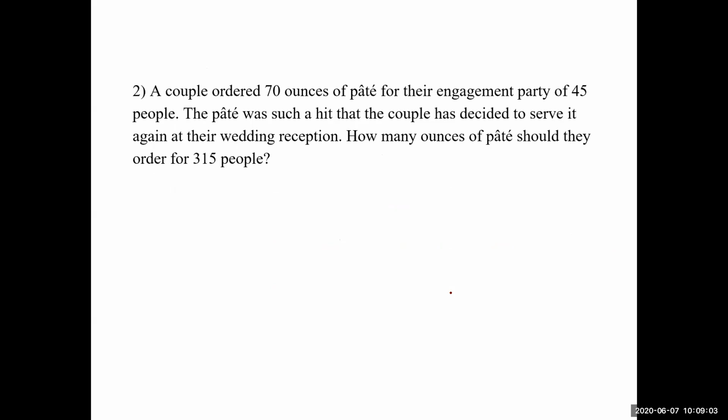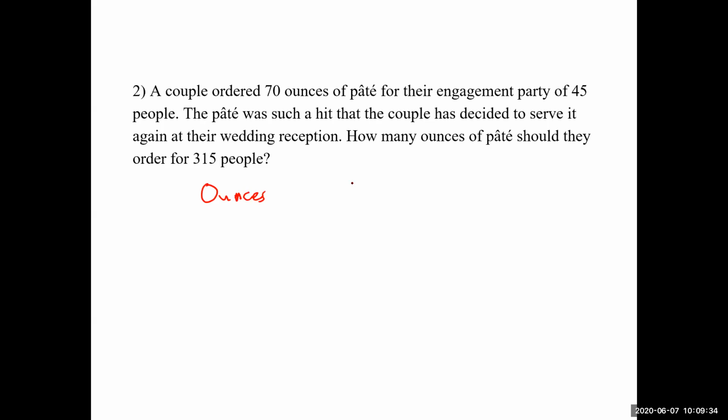So here, it says a couple ordered 70 ounces of pate for their engagement party of 45 people. The pate was such a hit that the couple has decided to serve it again at their wedding reception. How many ounces of pate should they order for 315 people? So here, what are we talking about? We're talking about ounces, okay?